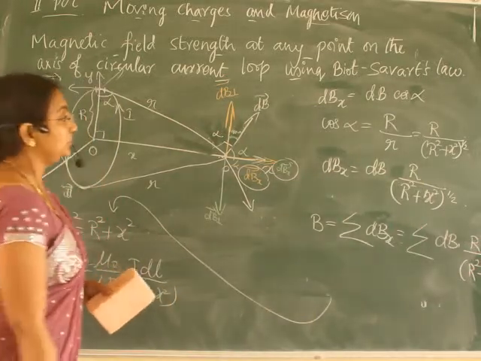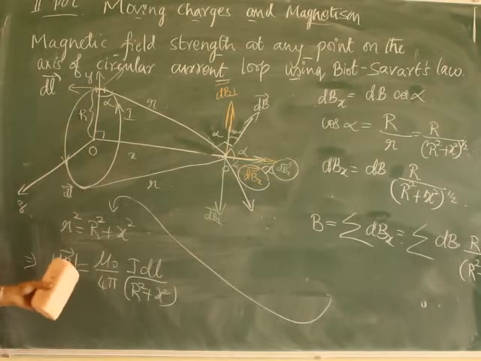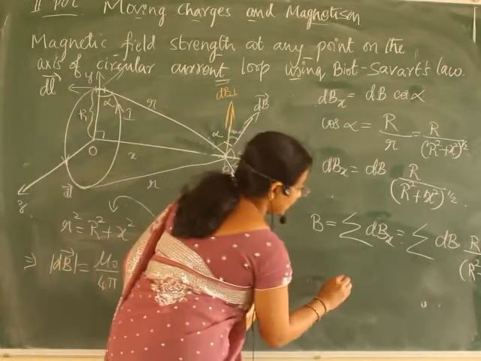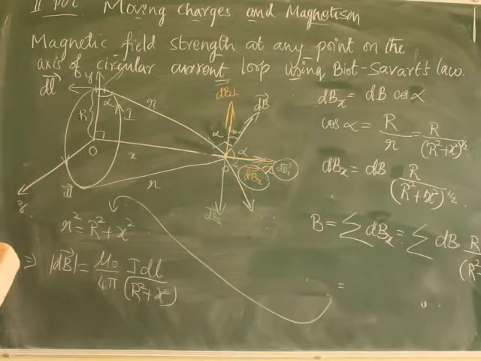Let me substitute what is dB. What is dB? Magnitude of dB is equal to dB. Correct? So how can I write summation dB?